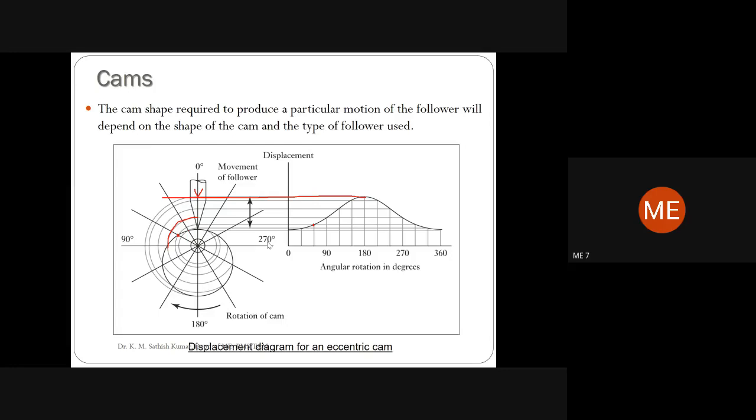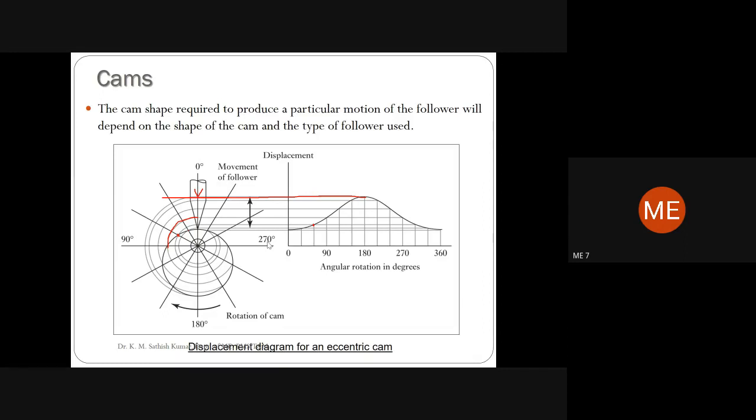If you go with the eccentric type, you can understand how the angular rotation is present. With the angular rotation, you can observe the smooth movement of the follower with reference to the rotation of the cam.